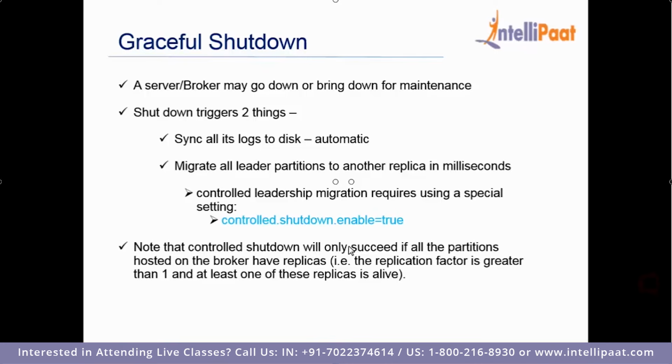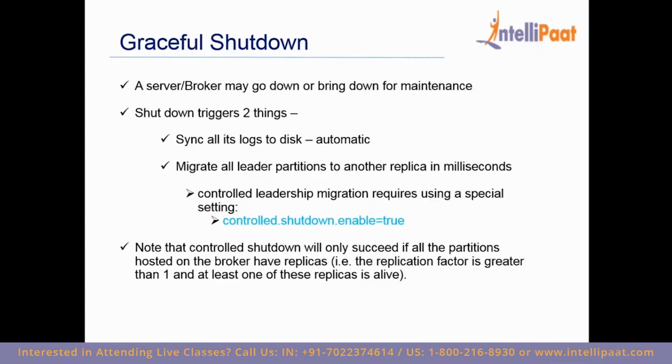One important point to note here is that if you have only one replication factor, then controlled.shutdown.enable equal to true will not have any meaning, because Kafka needs some replica copies so that it can transfer the leadership to those replica copies. Let us move ahead now.